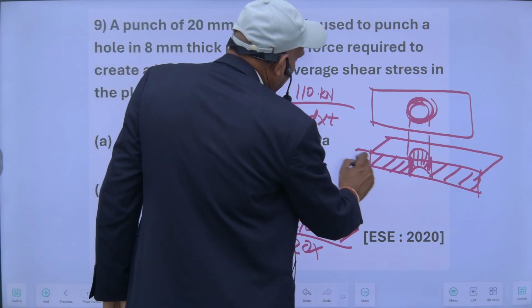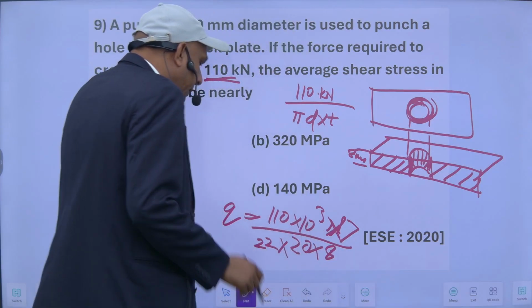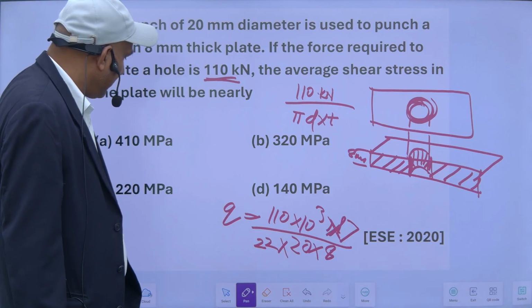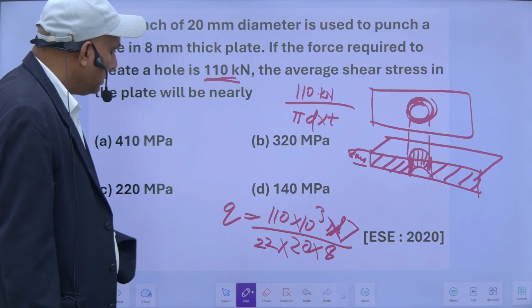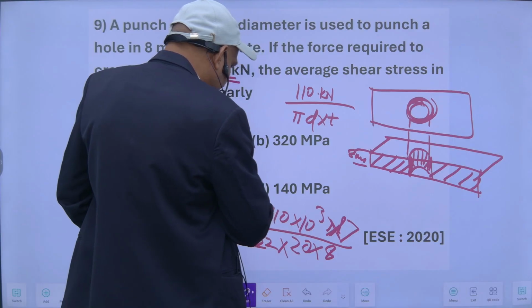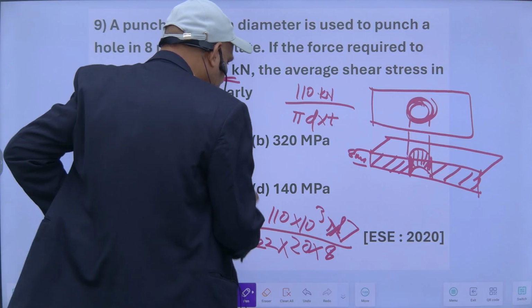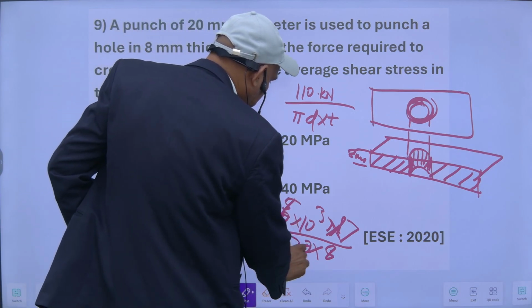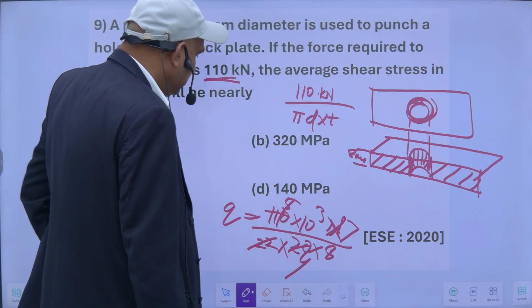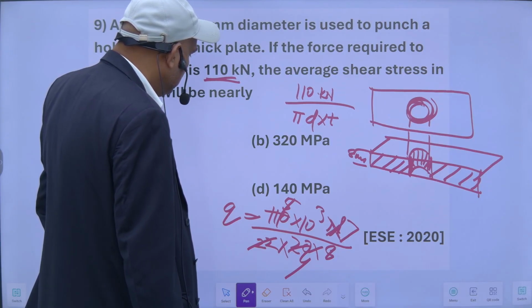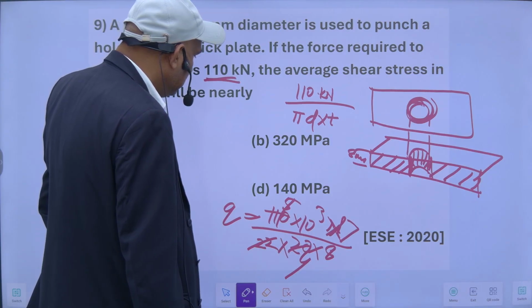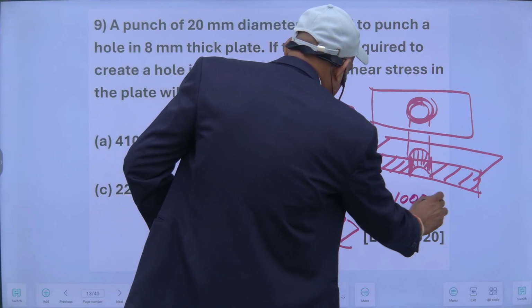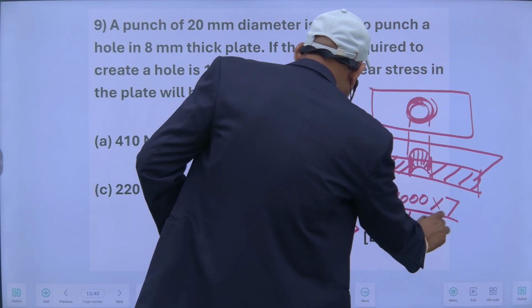This is pi d T. So now it will be 1000 into 7 upon 4 into 8.